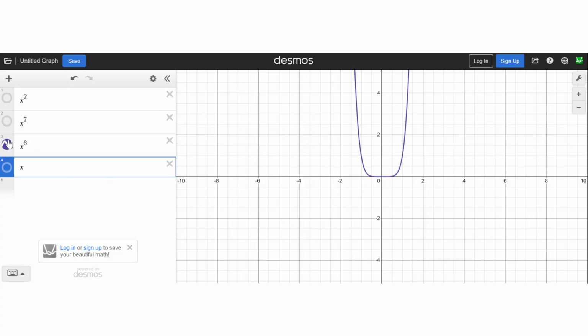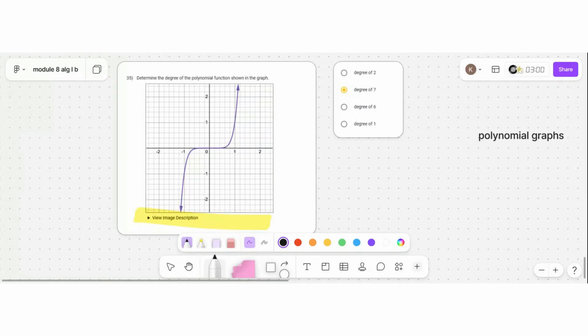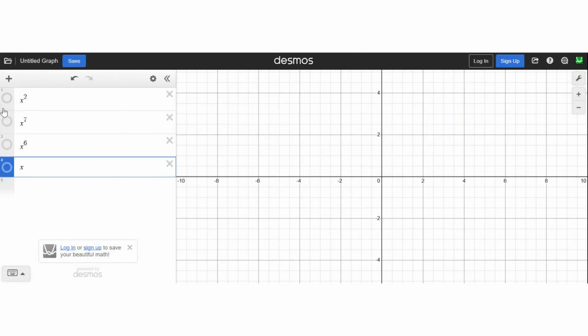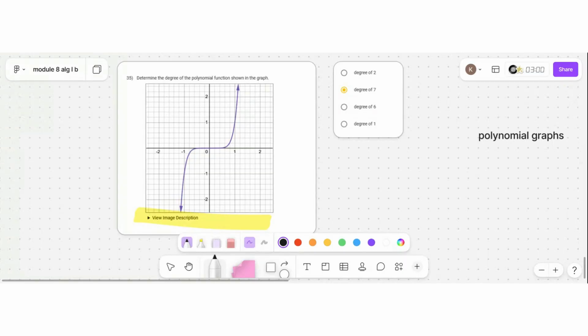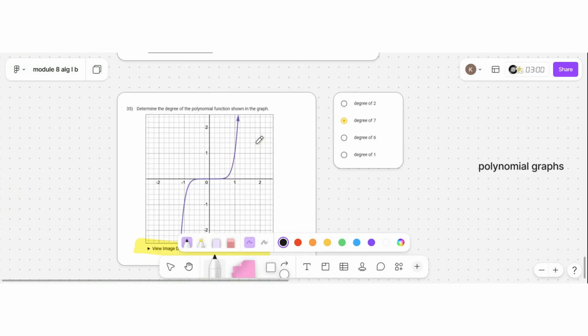X to the 6 makes a u like that, right? So that doesn't match. Let's do x squared next. x squared is a polynomial that just makes a u, which doesn't match this. And last but not least, our correct answer, x to the 7, shows exactly what this graph shows. So degree of 7 is the correct answer.